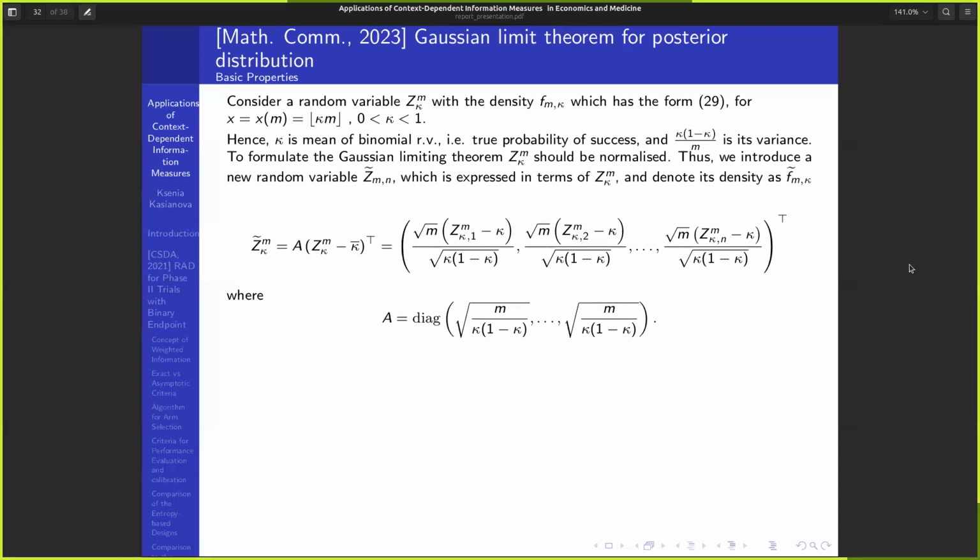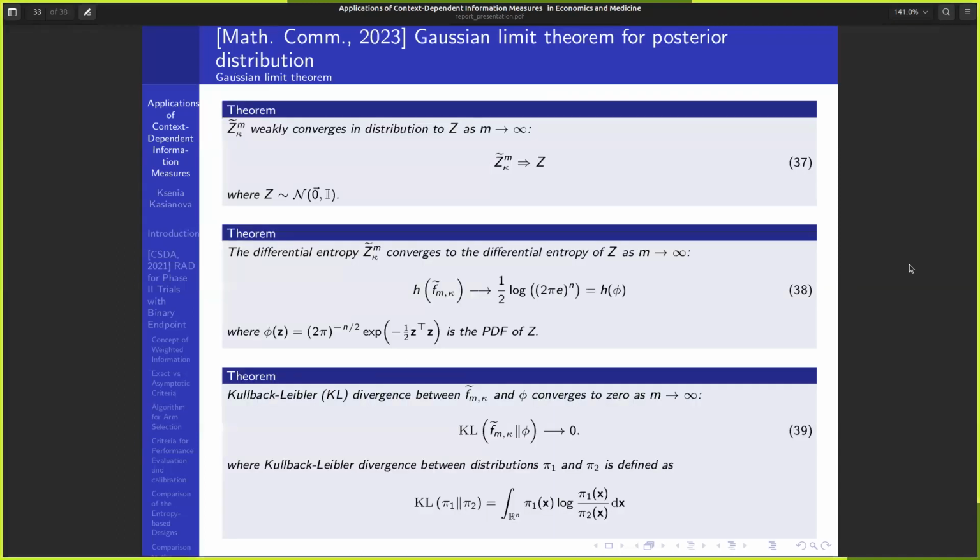It will be denoted with a tilde, and for this normalized variable, we have proven 3 theorems about the convergence of this normalized random variable to the standard normal distribution.